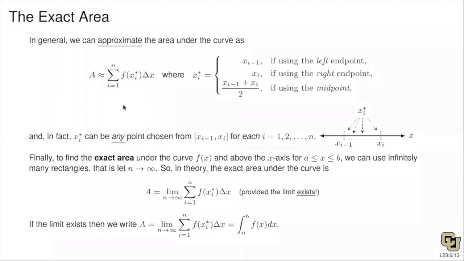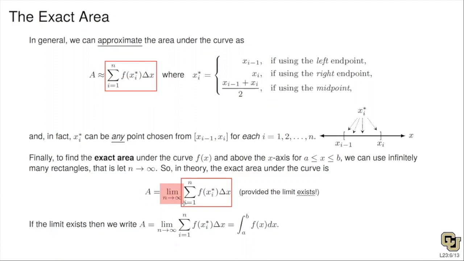Ultimately, what we want to do is to find the exact area. So the problems are related. I take the approximation where I'm only using n rectangles, and then I increase the number of rectangles. I try to approximate this region below the curve with infinitely many rectangles. And of course, this is done with a limit.